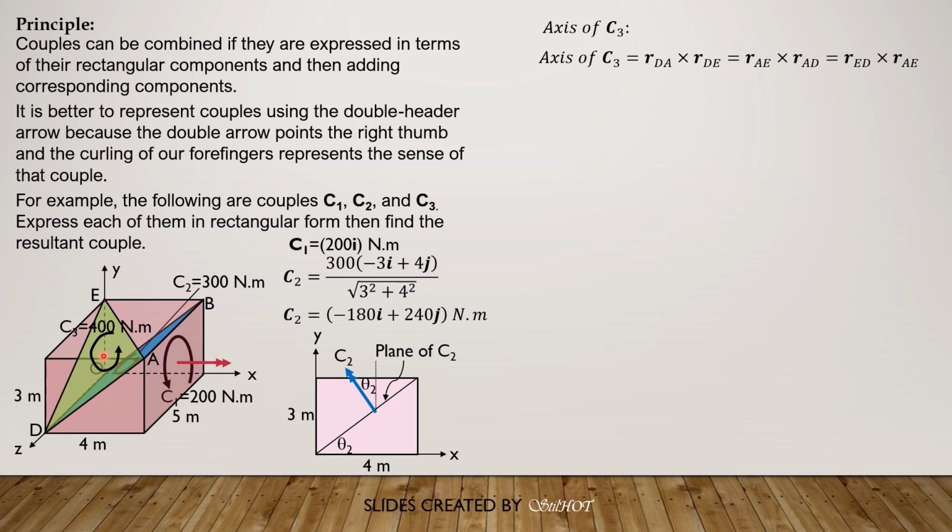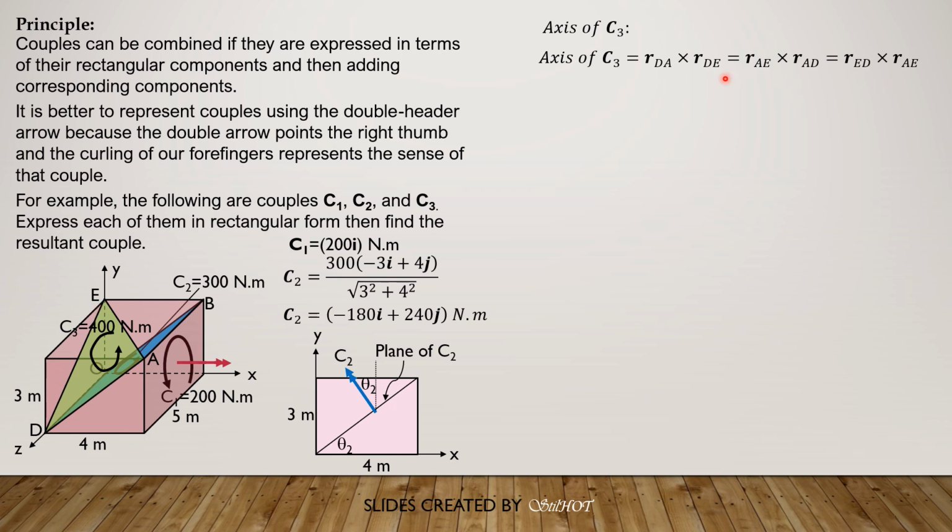Then it is also equal to RAE cross RDA: position your four fingers in that direction, then curl it towards DA, and that's the direction. Your right thumb will be perpendicular to the plane. And lastly, RED: your four fingers will be pointing here, curl it towards EA, then definitely your right thumb will be pointing in that direction, perpendicular to that plane.